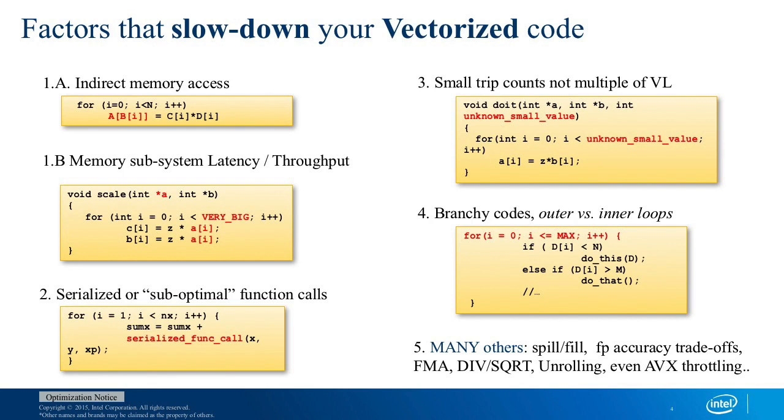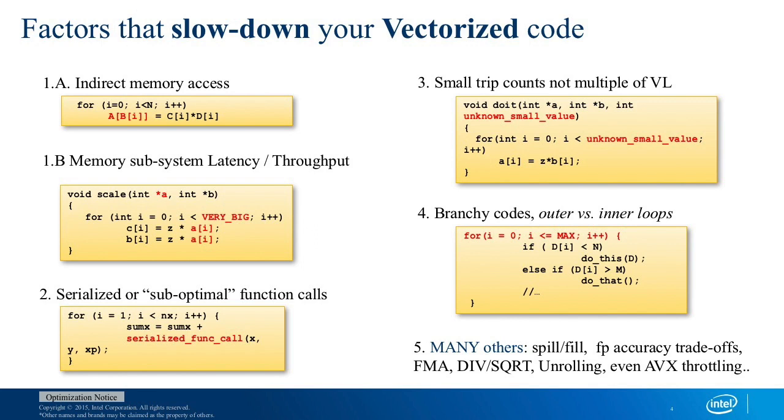Then you have the loop body, the real loop body you are targeting, and then you have the remainder for everything that does not fit into a multiple of the vector length. When the trip count is very large, then the remainder and peel loop might not play a role in your application. But if the loops are very small, then the remainder and peel loop might be important.